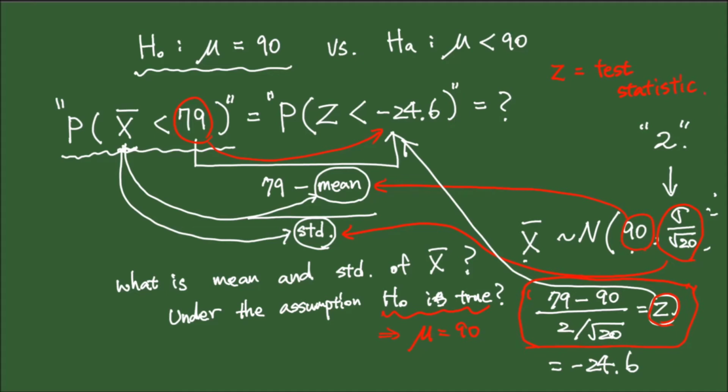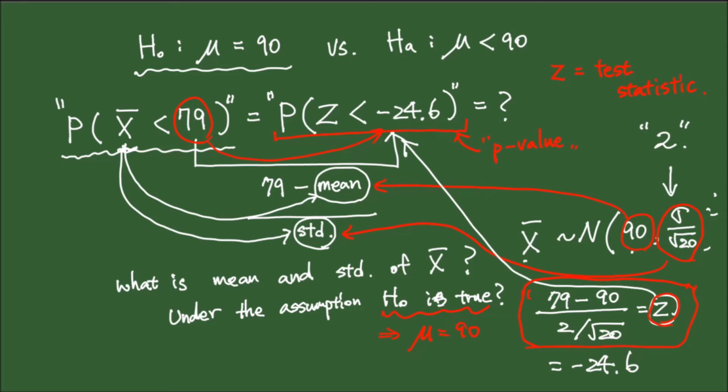Okay. And based on the test statistic, we're going to determine whether we reject the null hypothesis or not. Also, the probability of this whole thing, we call this probability the p-value.